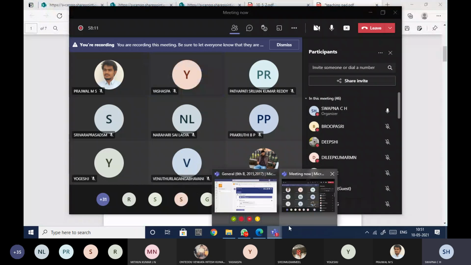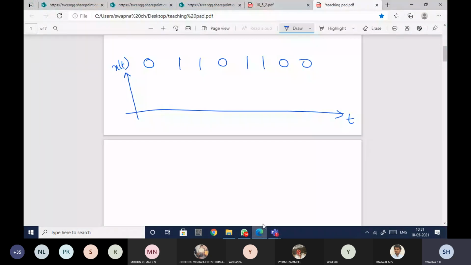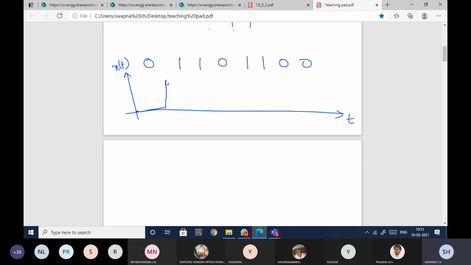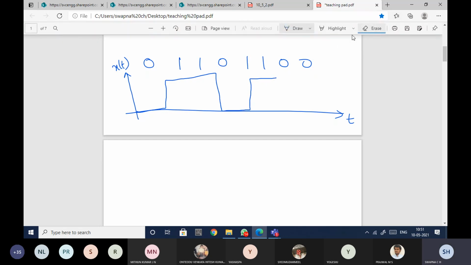Have you all finished drawing? Zero will be represented with 0 level. 1 will be represented with A, again 0. It should be of the same duration.